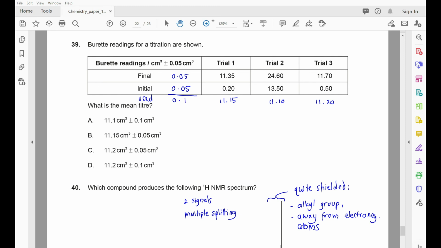So the mean titre is 11.15, which is the average of all these, plus minus 0.1. So answer here is D, rounded to 3 sig figs.